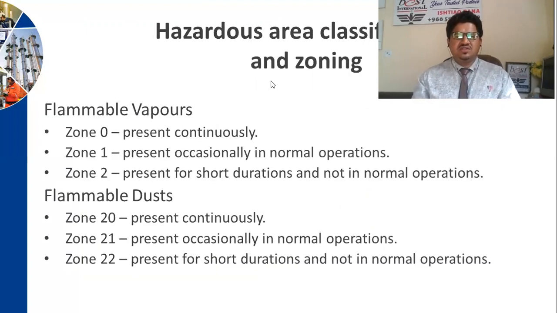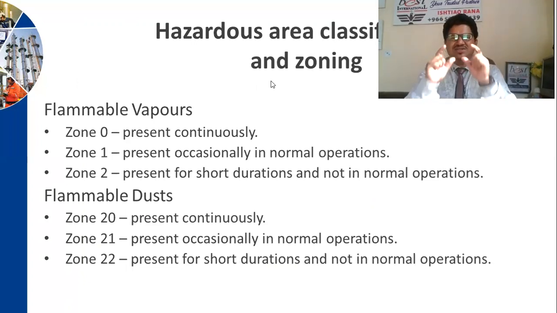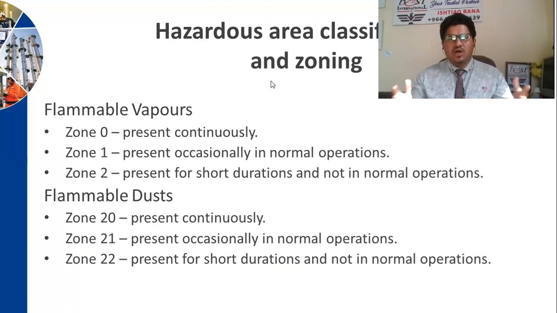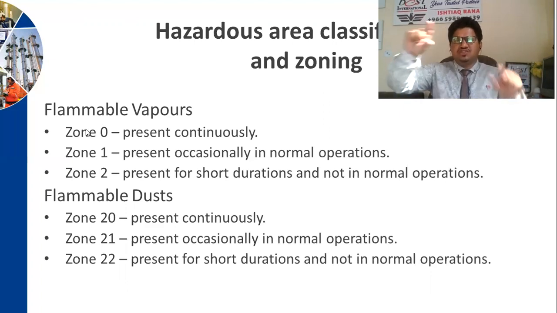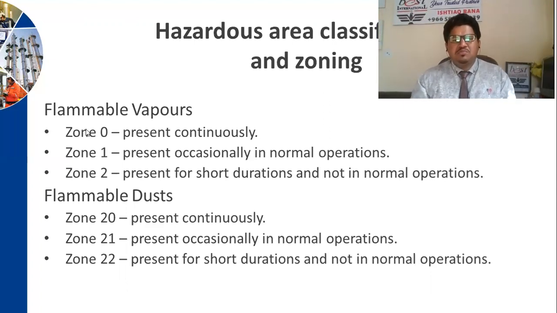Hazardous area classification is one of the most important slides, I would say. You just need to understand how to give a zone number to flammable vapor areas or flammable dust areas. If it's zone 0, that means flammable vapors. If you see zone 0 somewhere, remember PC: flammable vapors present continuously.